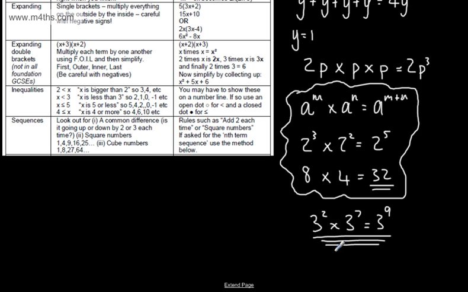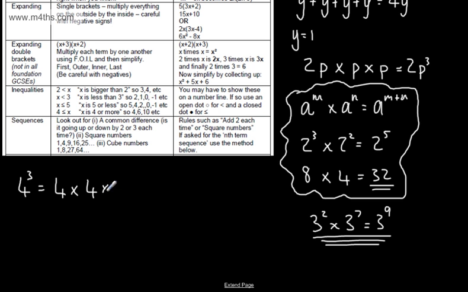Now in the last video we looked at what this actually meant in terms of the power. If we have, and I'll just jot it down here so we can do some more here, 4 to the power of 3, the number that I need to multiply is 4, and I need 3 of them.